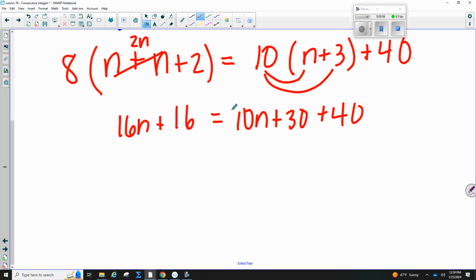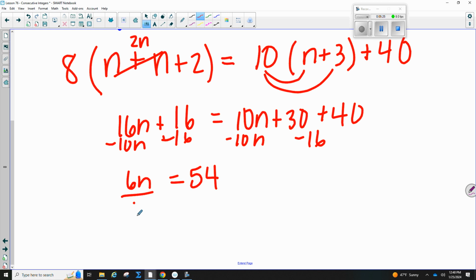So I'm going to subtract 10n. So I have 6n over here. I'm also going to subtract 16, so all my numbers are over on the right-hand side. So 30 plus 40 is 70, and then 70 minus 16 is 54. Okay, and then we're going to divide by 6, and we get 9.